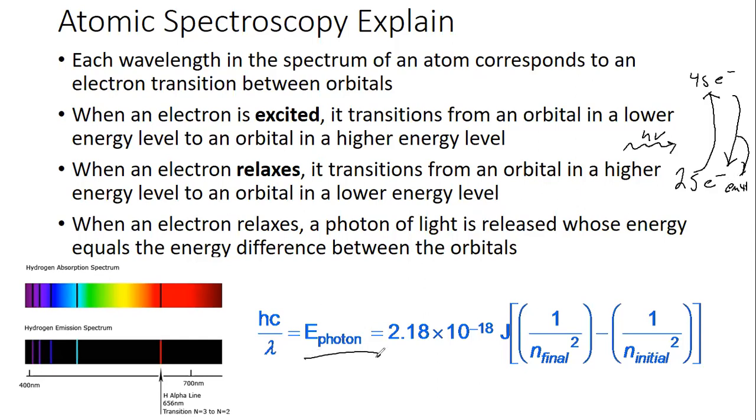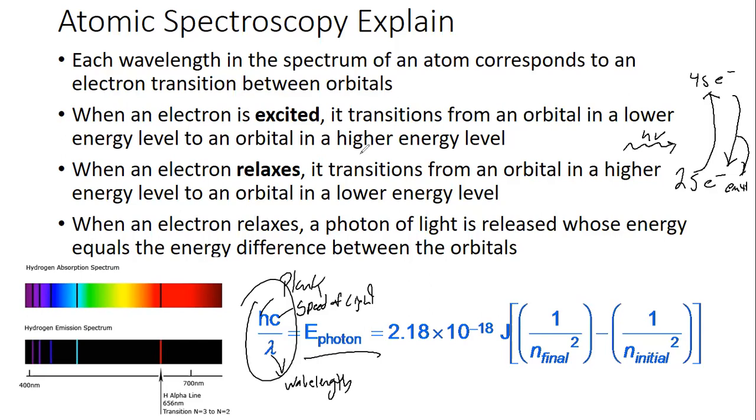To know what energy of light is released, we have this equation that we already looked at: Planck's constant, h, times the speed of light, divided by the wavelength of light. That will give you the energy of one photon of light.